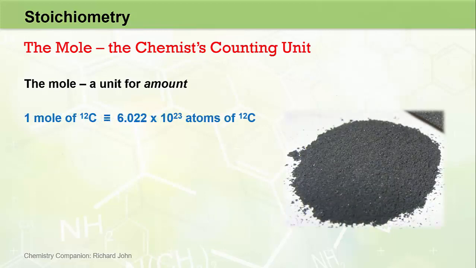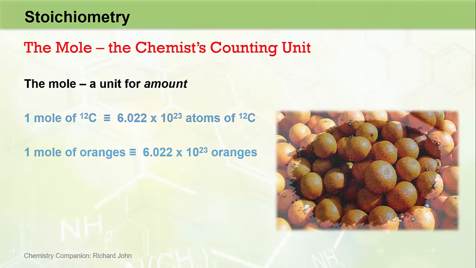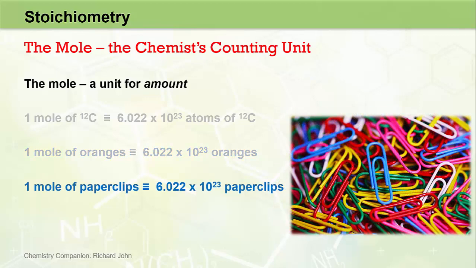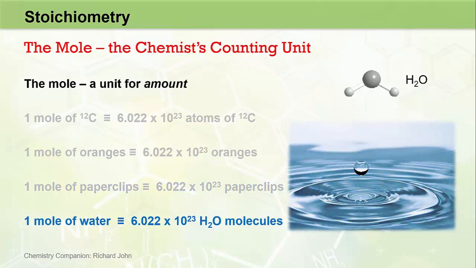So for example, 1 mole of carbon-12 would be equivalent to 6.022 × 10^23 atoms of carbon-12. 1 mole of oranges would be equivalent to 6.022 × 10^23 oranges. 1 mole of paper clips would be equivalent to 6.022 × 10^23 paper clips. And 1 mole of water would be equivalent to 6.022 × 10^23 molecules of water.